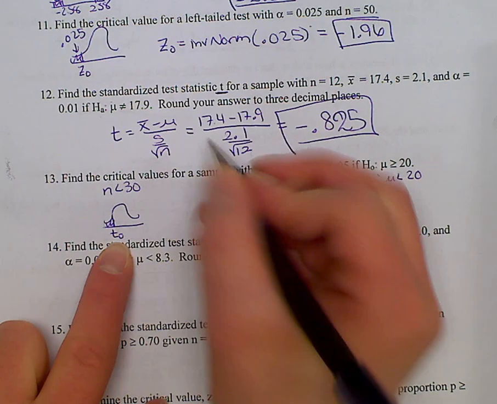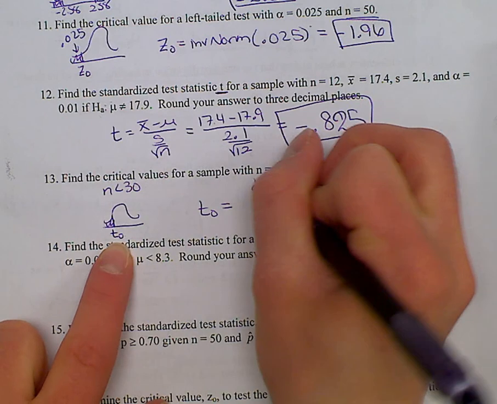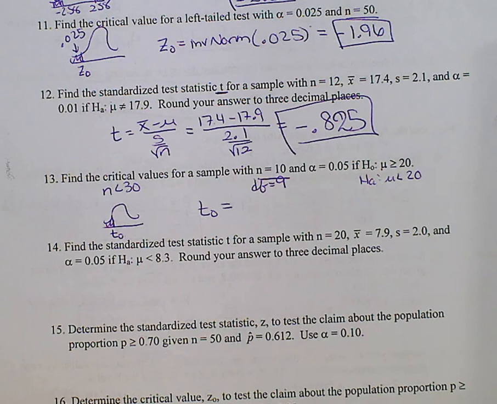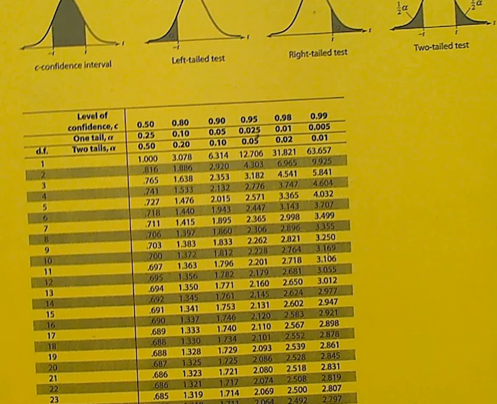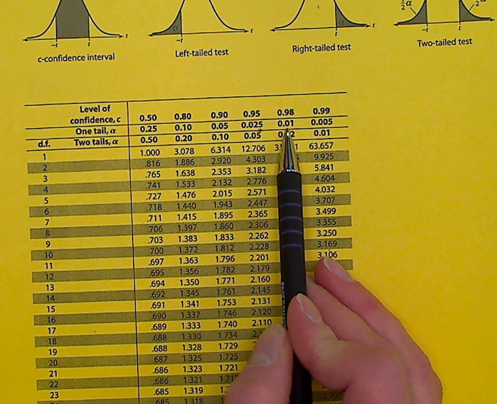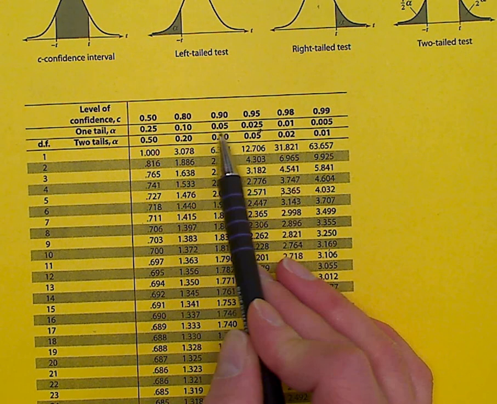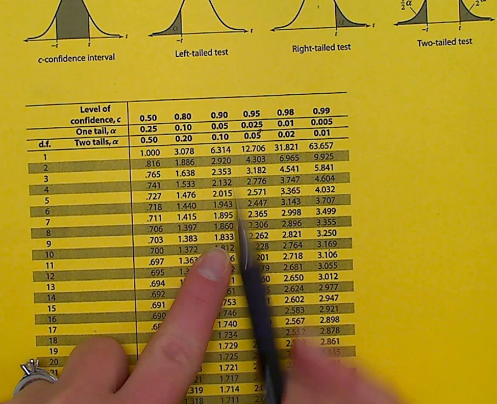So in our t-distribution table, we go to one tail alpha, and we're at 5%, and then our degrees of freedom is 9. We get 1.833 in our table. But we have a left-tail test, so we should know to make that critical value negative.